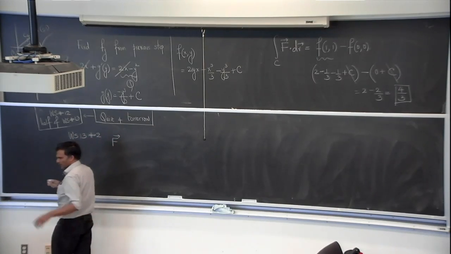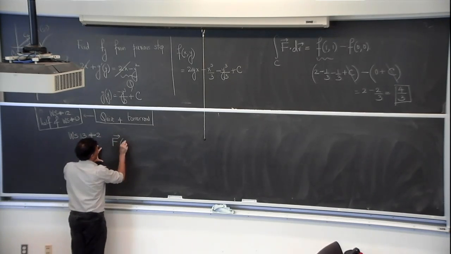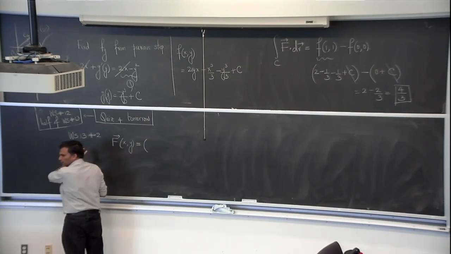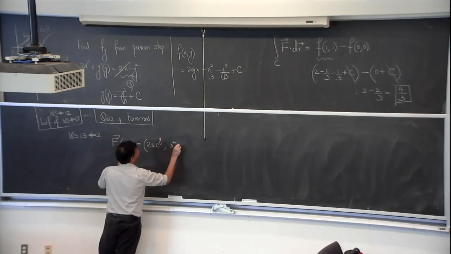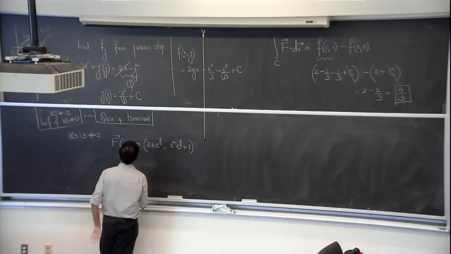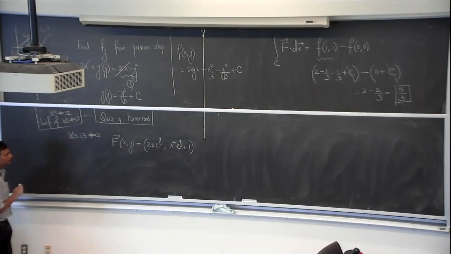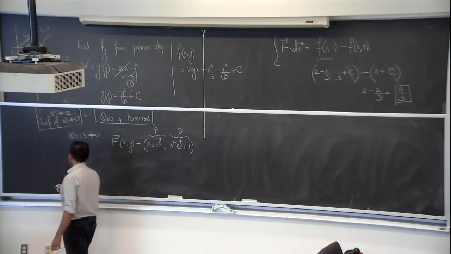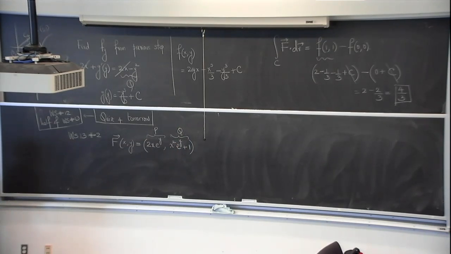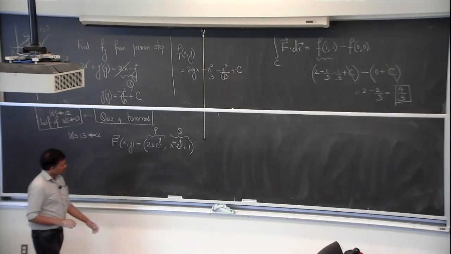Even in ij notation, you could just write it as components if you want. Okay. F of xy equal to 2x e to the y and x square e to the y plus 1. So what do you think, is F conservative?